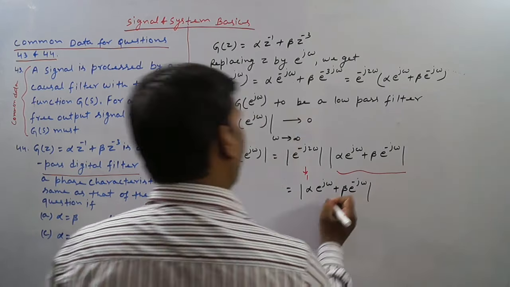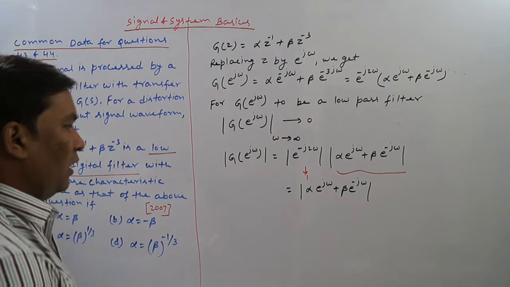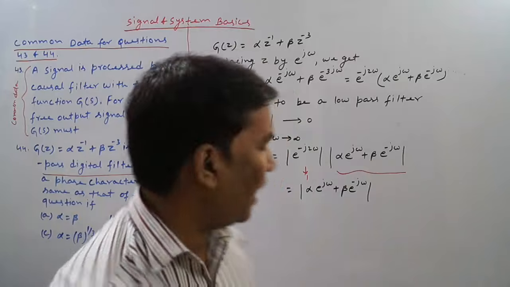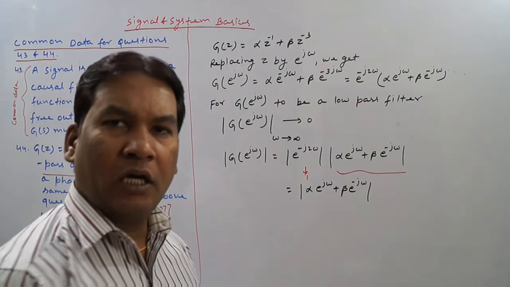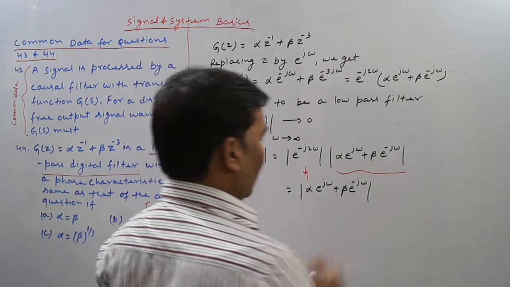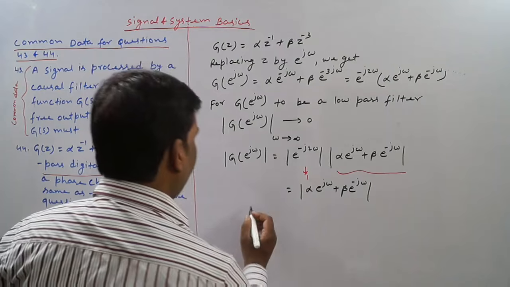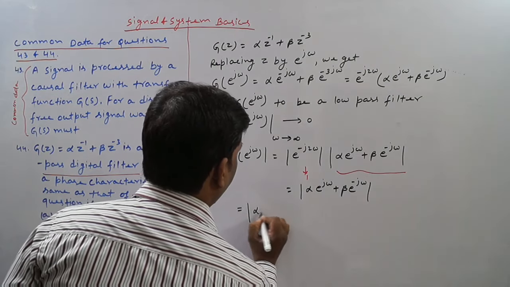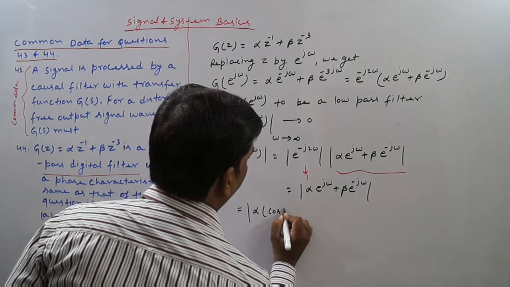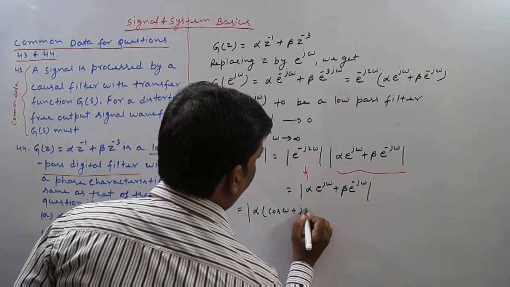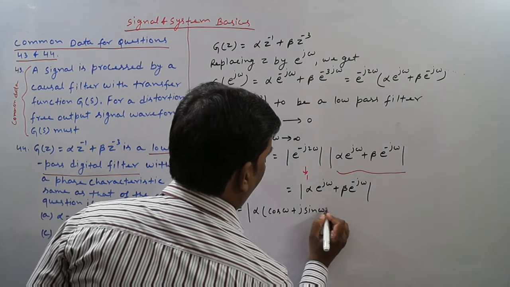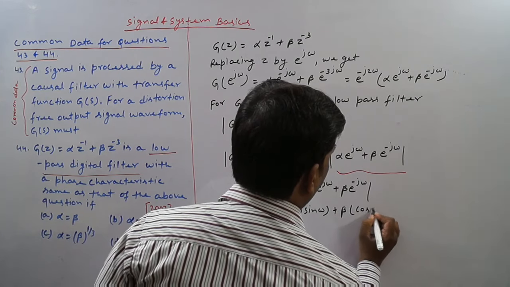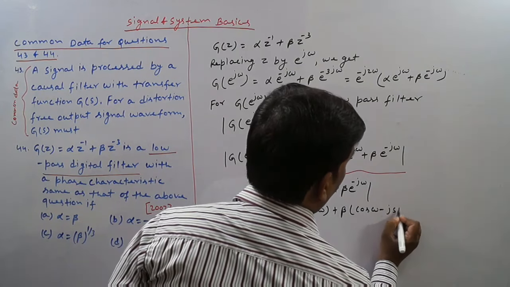If we put e to the power j omega as cos omega plus j sin omega and e to the power minus j omega as cos omega minus j sin omega, then it will be alpha times (cos omega plus j sin omega) plus beta times (cos omega minus j sin omega).